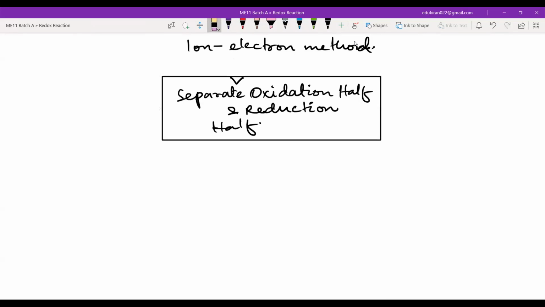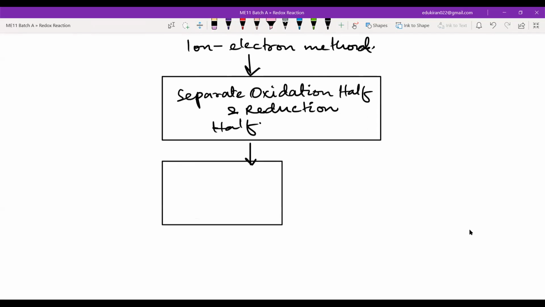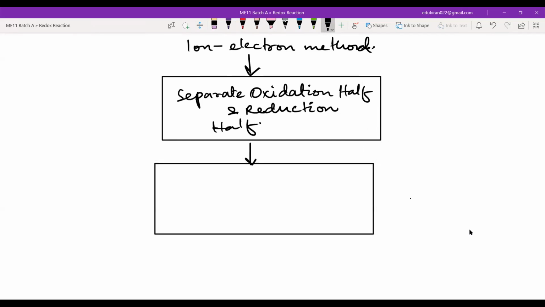Now this balancing has a few steps, which is important. Balancing has a few steps, and it also depends whether you have the oxidation half or the reduction half. Okay, and it also depends whether you have the basic medium or the acidic medium.